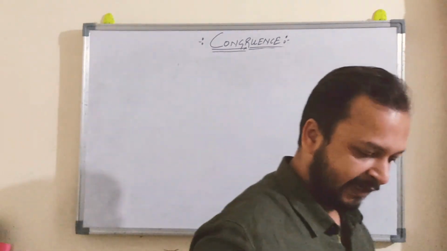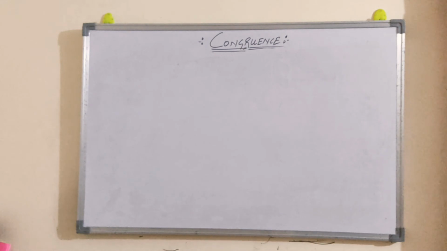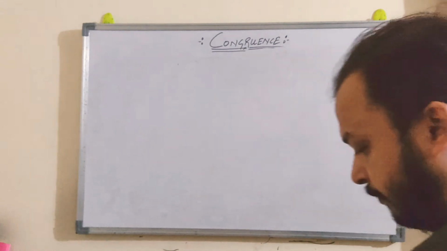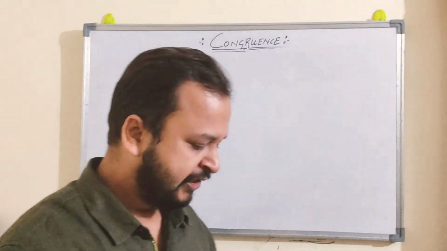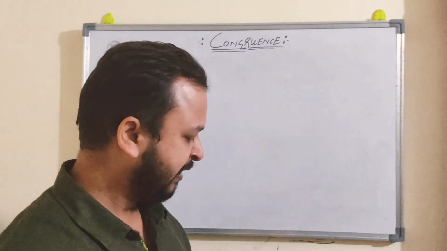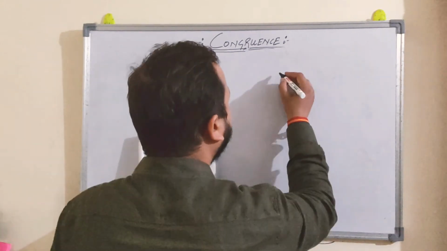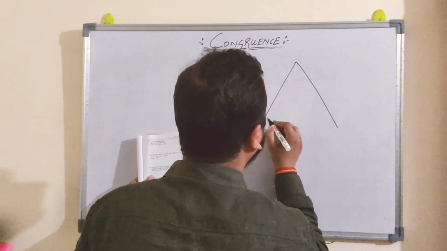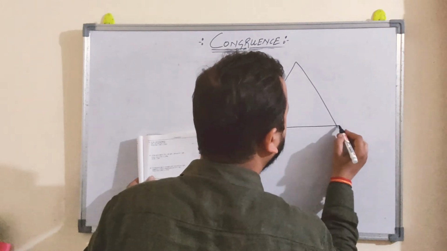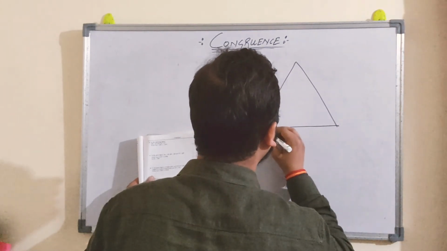In question number 10, in the adjoining figure, ABC is an isosceles triangle in which AB is equal to AC. This triangle is an isosceles triangle.